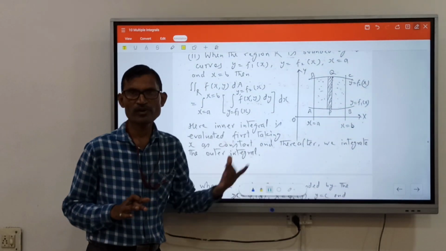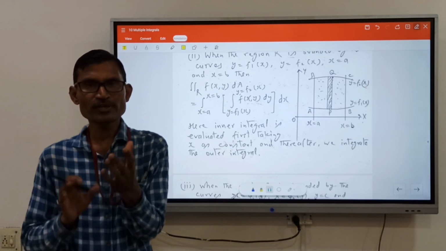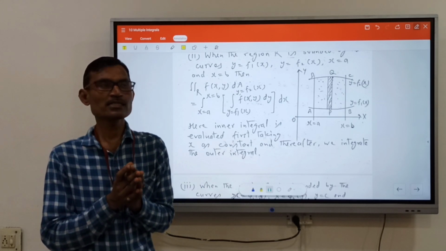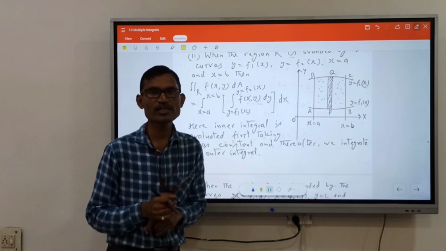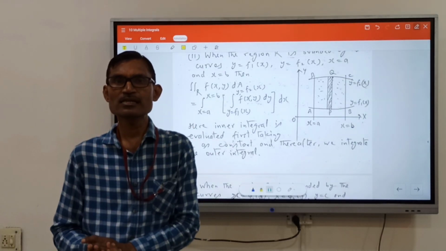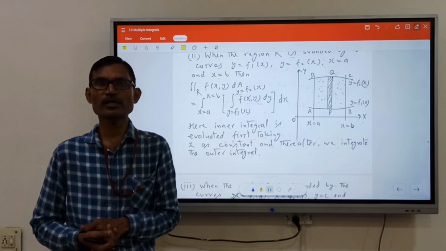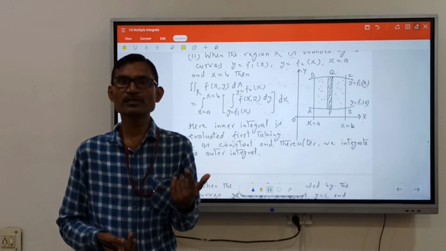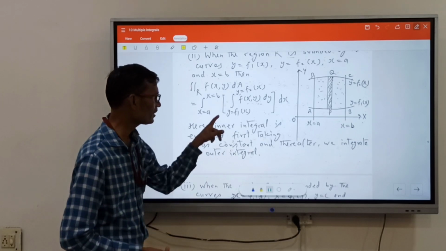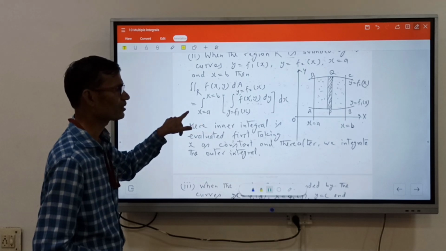Whatever the order we choose, suppose we are integrating the function with respect to y first, then we make it the internal integral, and since we are going to integrate the result with respect to x in the latter step, we make it the external integral. So this is the internal and this is the external, innermost, outermost.